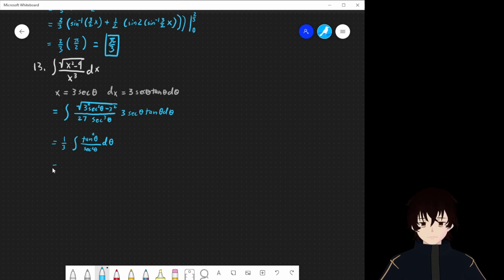Okay. I think that's right, so I'm gonna try to do this. So we get sine squared theta over cosine squared theta times cosine squared theta over 1 with secant. That cancels out. We're left with 1/3 sine squared theta d theta.